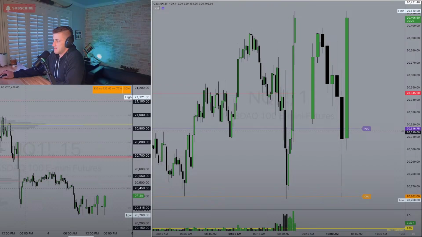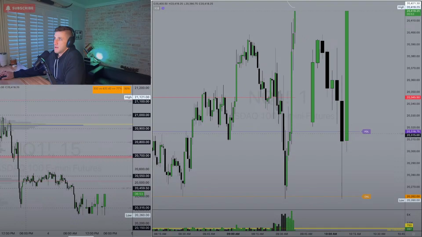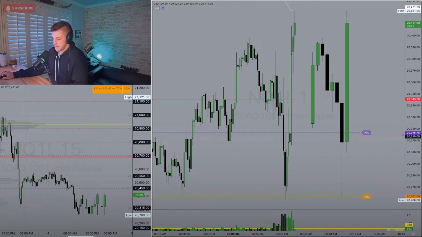And VWAP just overhead, 420. Got the spring rustle. Nicely done, man. See how this VWAP's going to be treated here for NASDAQ. Nice little push there into VWAP.